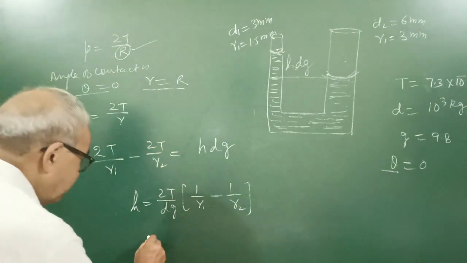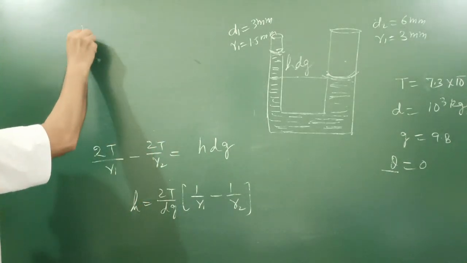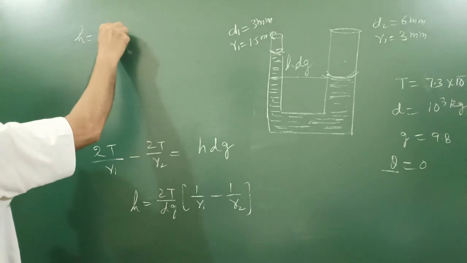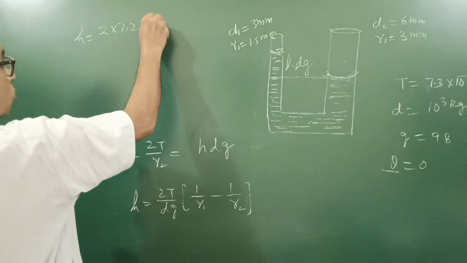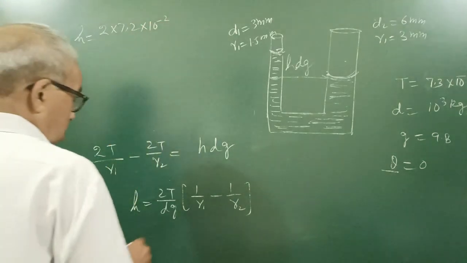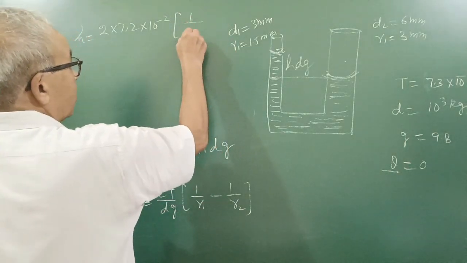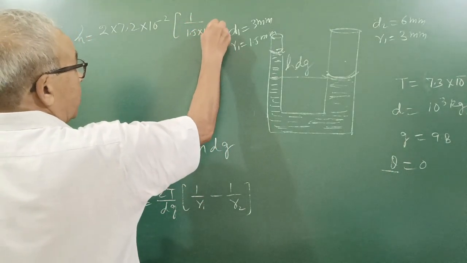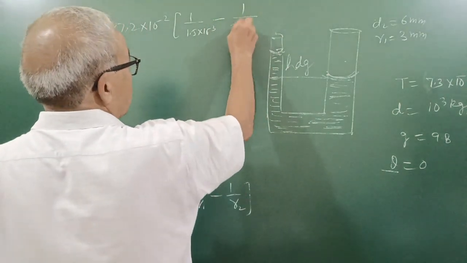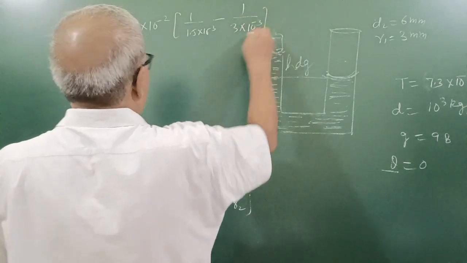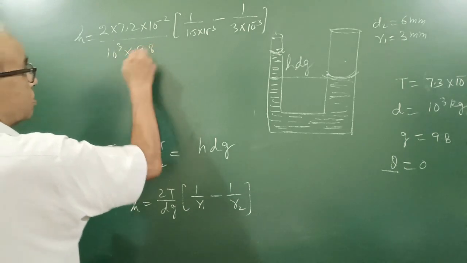Put the values here: h equals 2 into 7.3 into 10 to the power minus 2 into 1 upon 1.5 millimeter, that is 1.5 into 10 to the power minus 3, or 1 upon 3 into 10 to the power minus 3, upon dg, density 10 to the power 3, g 9.8.